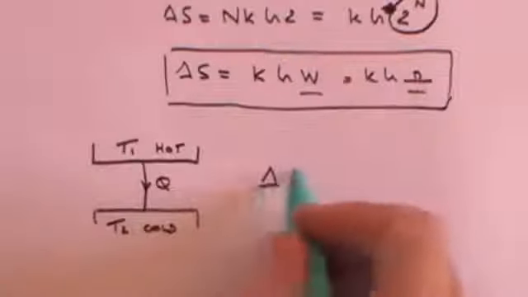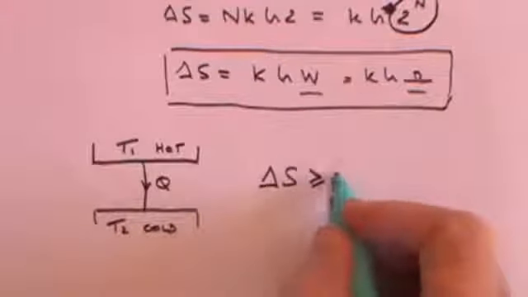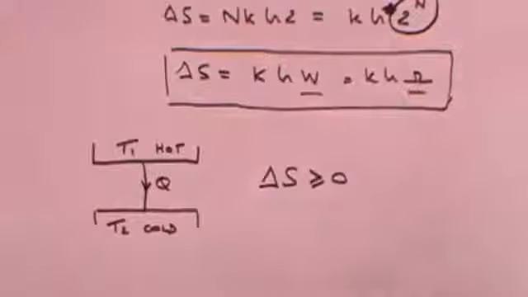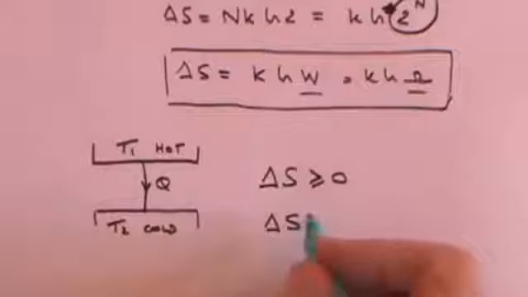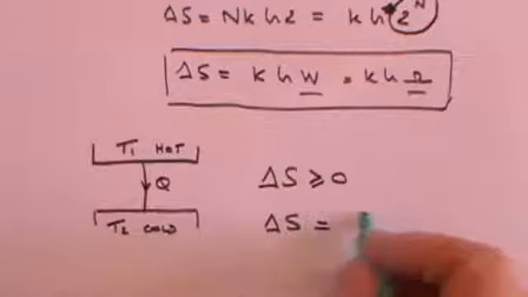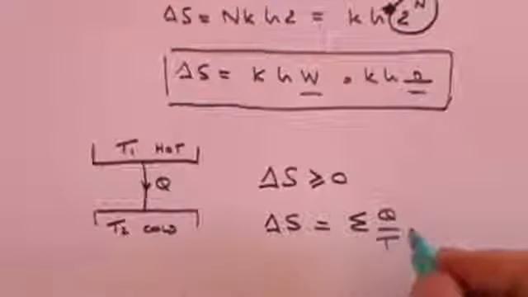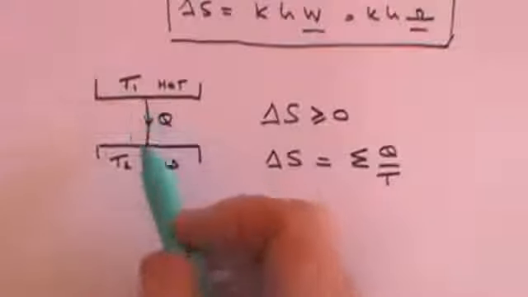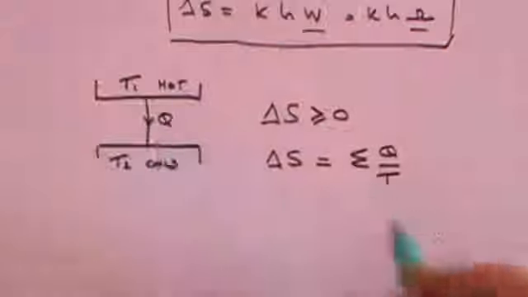The total change in entropy, we've shown, must always increase. It could stay the same, but most of the time it increases because you never have perfection in terms of efficiency. And that means that the total change in entropy is going to be equal to the sum of all the changes of Q over T. Now, in the case of this system, you've got Q coming out and Q going in.